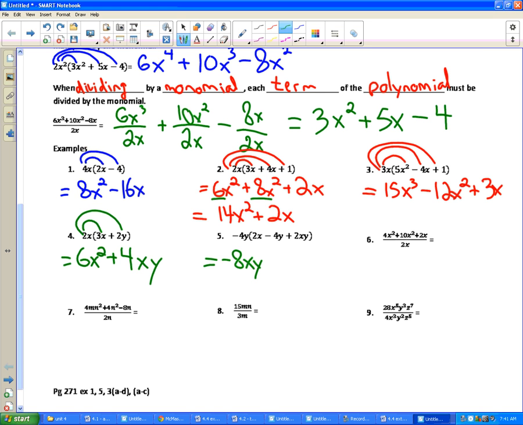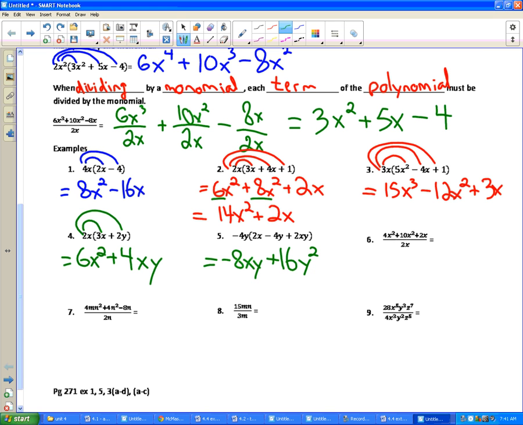So we want to list our variables alphabetically. We don't want to do a y before an x, do an x before a y. Next part I have is negative 4y times a negative 4y. Well, a negative times a negative is going to be a positive. 4 times 4 is 16. Y times y is going to be y squared.